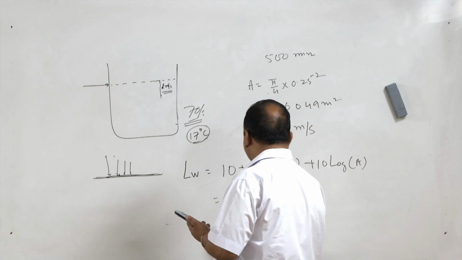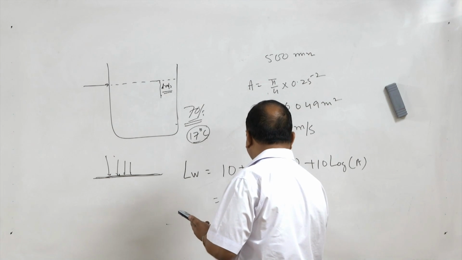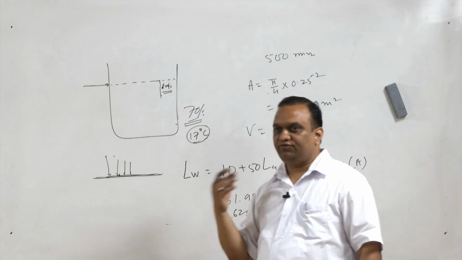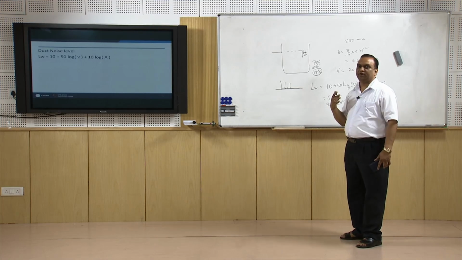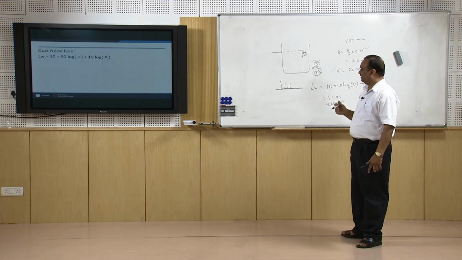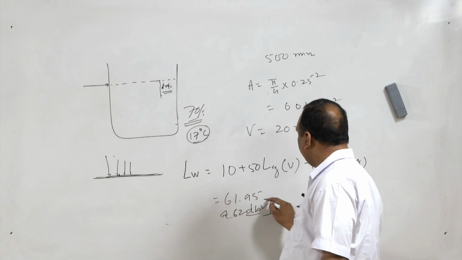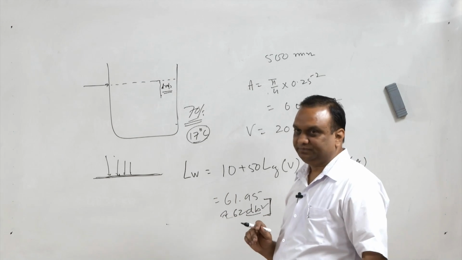Approximately, this is a log scale, so let us take 62 decibel. The 62 decibel noise is the noise of somebody talking. It's a normal conversation. So this is the sound level of normal conversation.